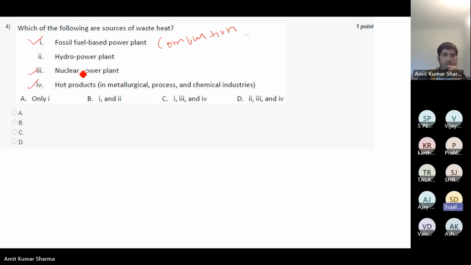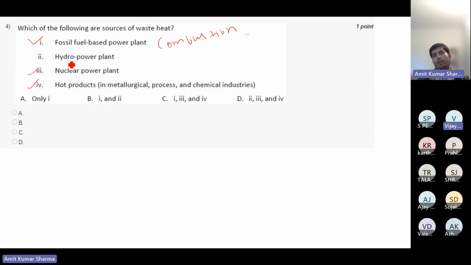Okay, so what is the reasoning behind option second? Why is it wrong? In a hydropower plant we use solely the gravitational energy of the earth: from high ground we open the dam's door, the water flows to the turbine, and the electric generator produces electricity. So here, sir, no heat is evolved or generated, so I guess there is no waste heat over here.